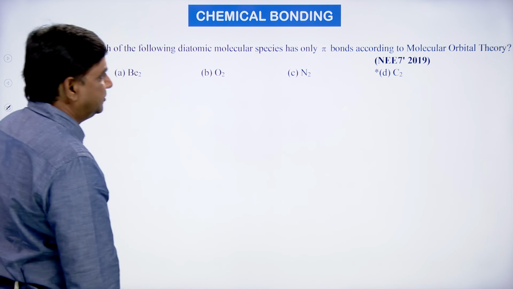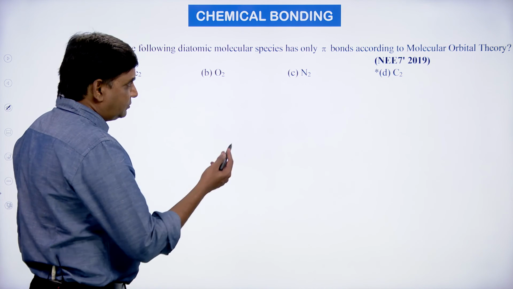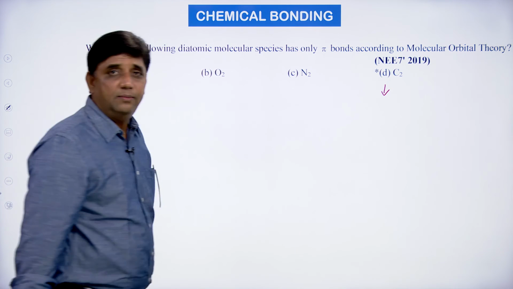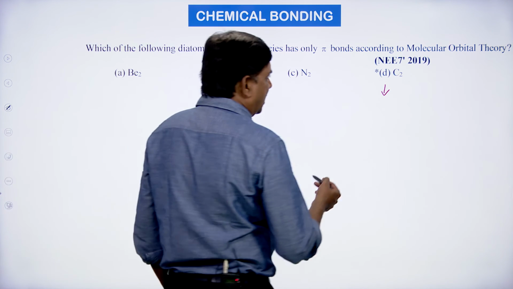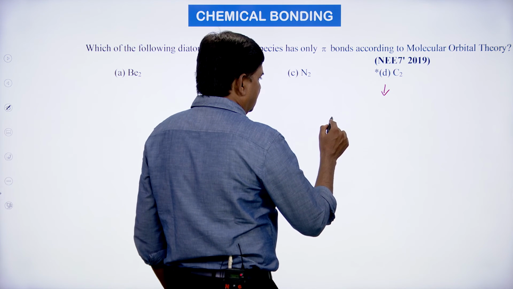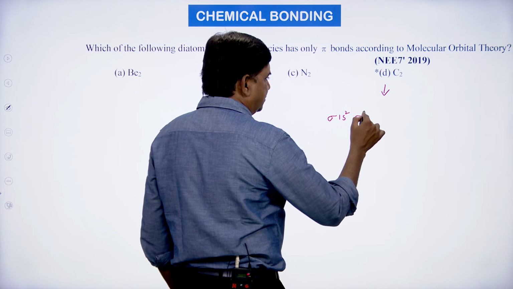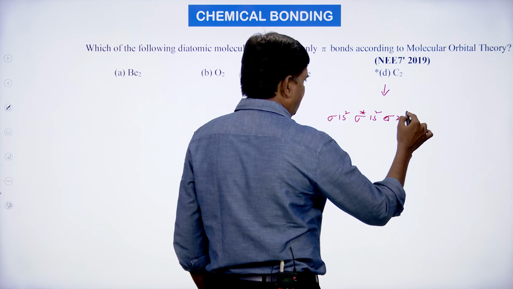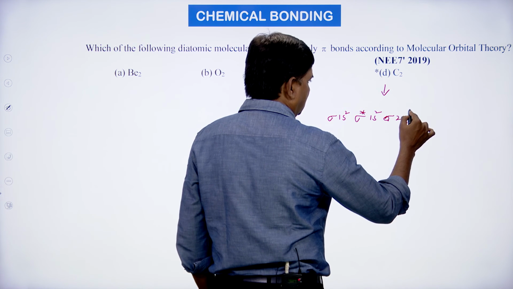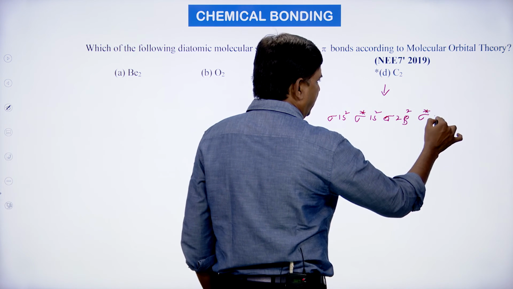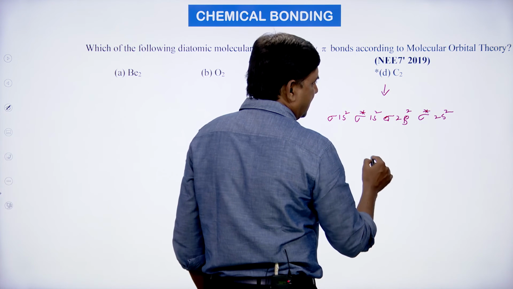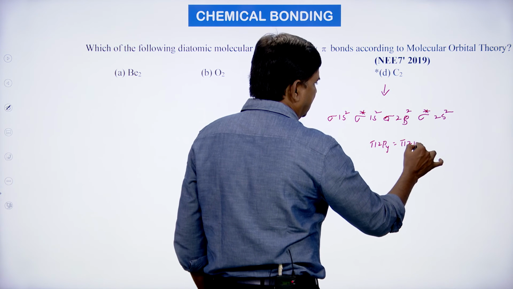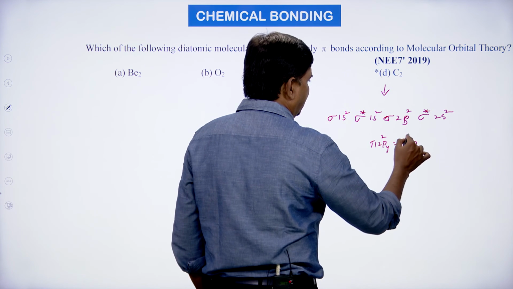Be2 doesn't exist. If you take the carbon electron configuration, carbon with 12 electrons means sigma 1s2, sigma star 1s2, sigma 2s2 and sigma star 2s2, 8 electrons, and then pi 2py is equal to pi 2pz, 8, 10 and 12.